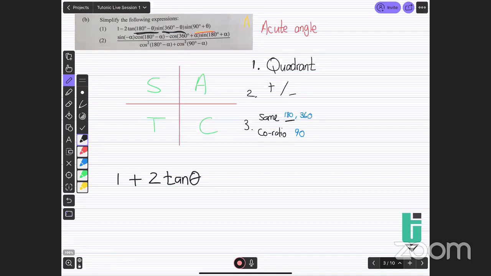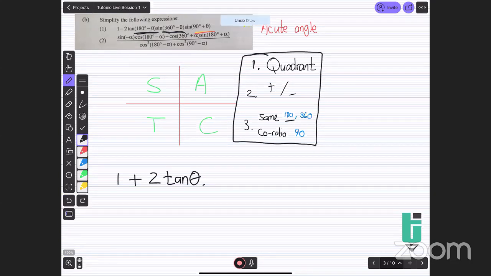Great. Sine. Okay, I'm going to ask you individually. Nafisa, do you want to try sine of 360 minus theta? Just apply the 3 steps. So 360 minus theta is in the fourth quadrant, and sine is negative in that quadrant.